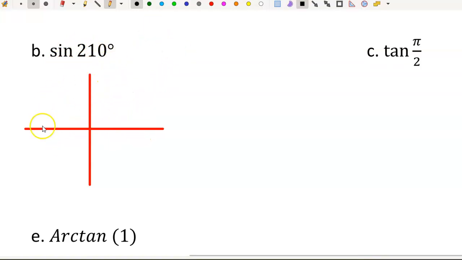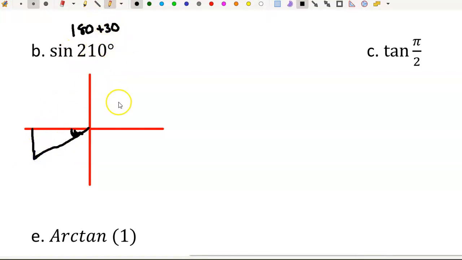Because we got 90, 180, 270. So from one, you want to think of it as 210 as 180 plus 30. That makes this a 30-degree angle right here. So again, we're using our 30, 60, 90 rules, right? With one little difference. And you might recall what it is.